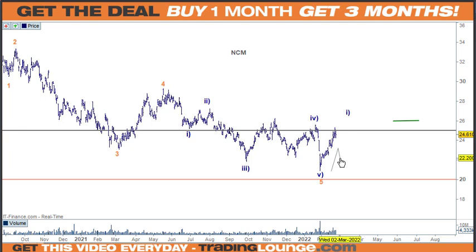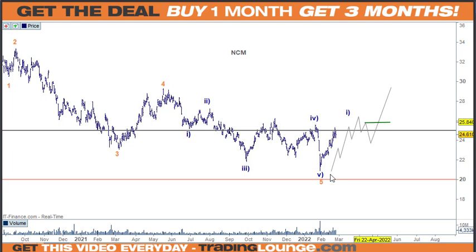I see that we can have 1 and 2 and 3 here and 4 here, and then we'll eventually see over the next few days a little push up for wave 5 here. We'll just let that roll out a little bit, because I think we're going to get a classic trading levels pattern here, and if it's going to trigger, then it will move at that point.